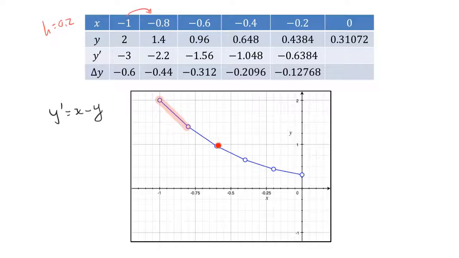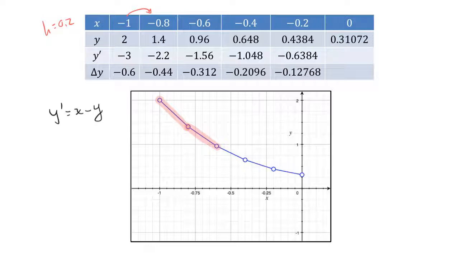If you multiply negative 2.2 by 0.2, we end up with negative 0.44. So we move along this line of slope negative 2.2 for 0.2 units, which ends up here. Where were we? We were at a y value of 1.4. If we subtract 0.44, we end up at 0.96.